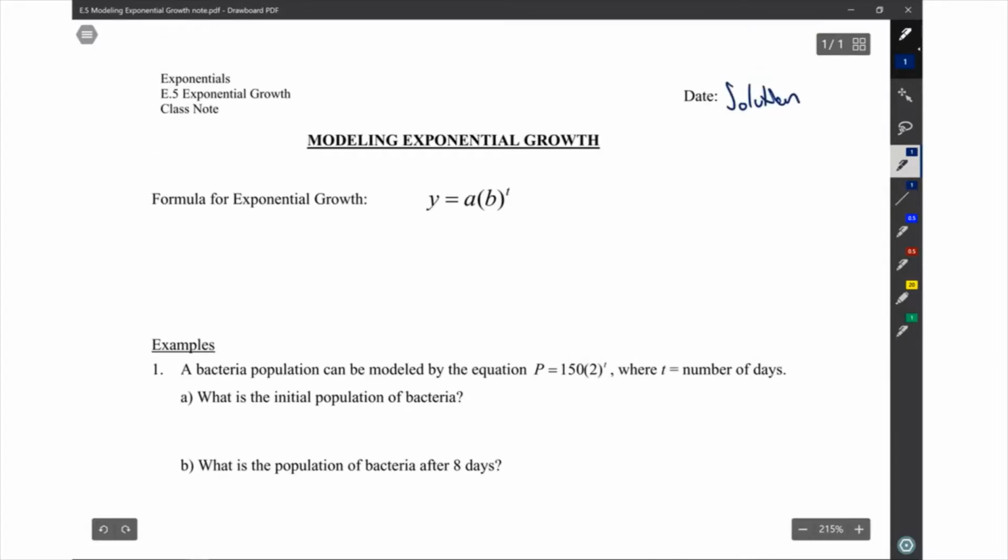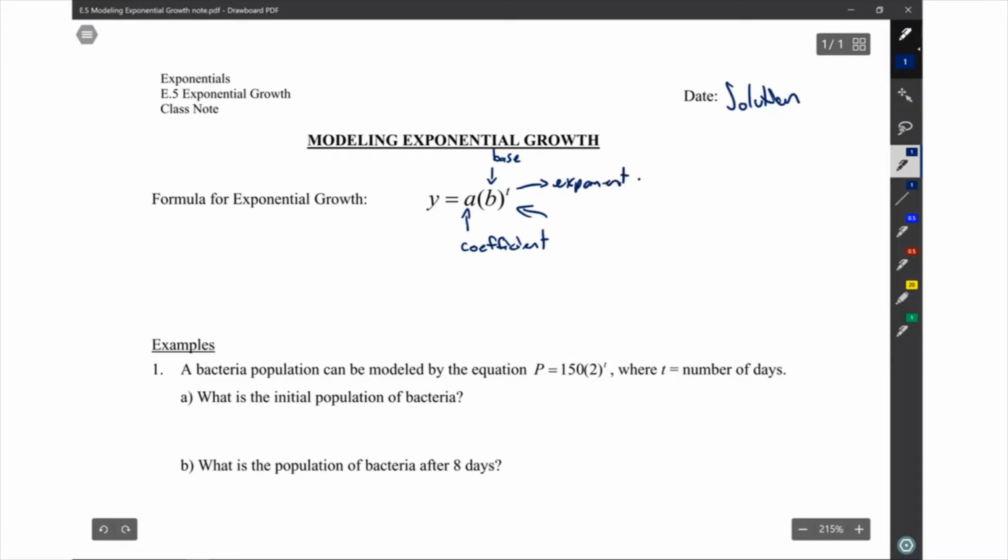So we've seen formulas looking like this before, in terms of we have a coefficient here, and that's a hard number, and we have here the base of our exponent, base of our power, and the exponent t here.